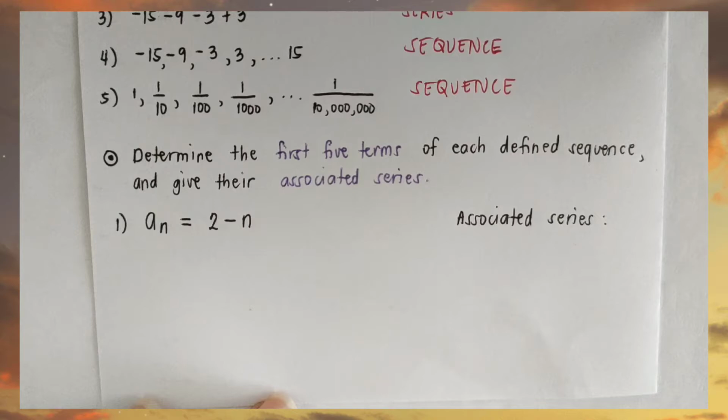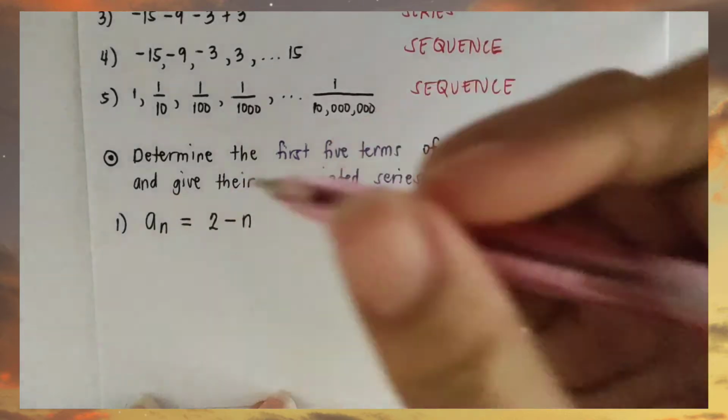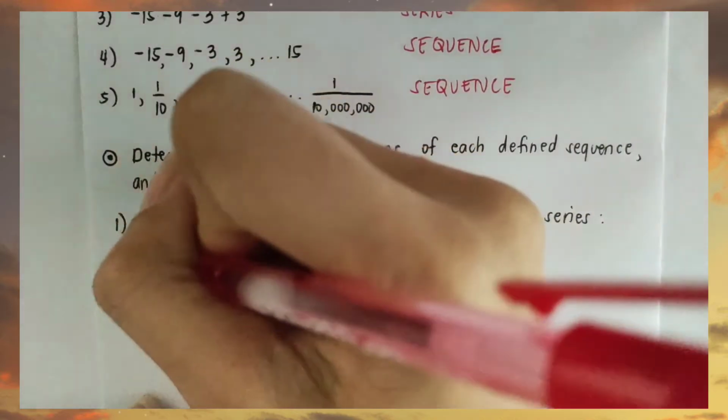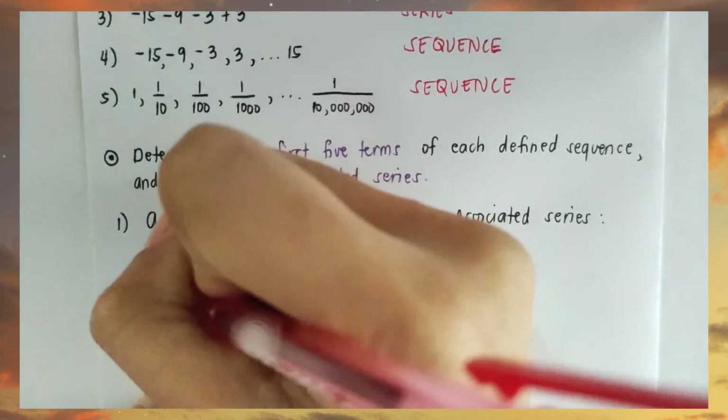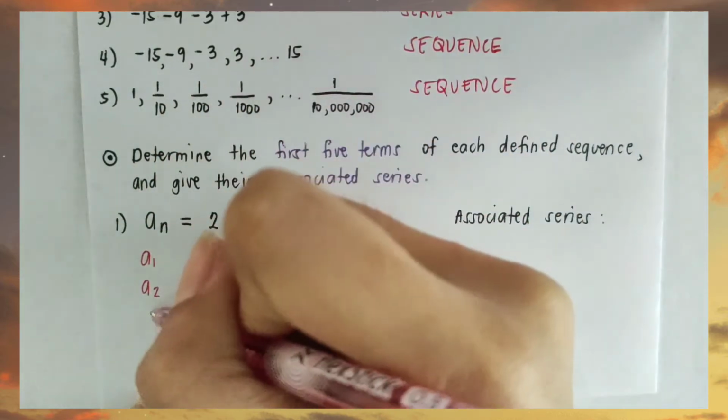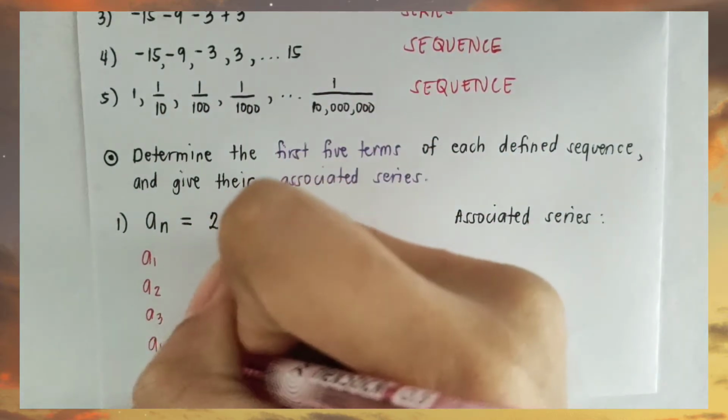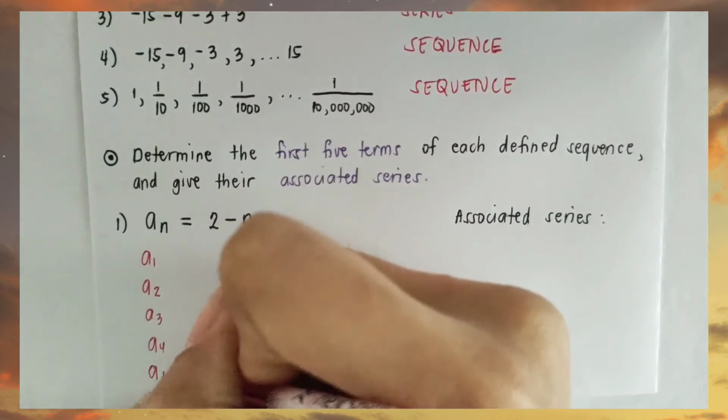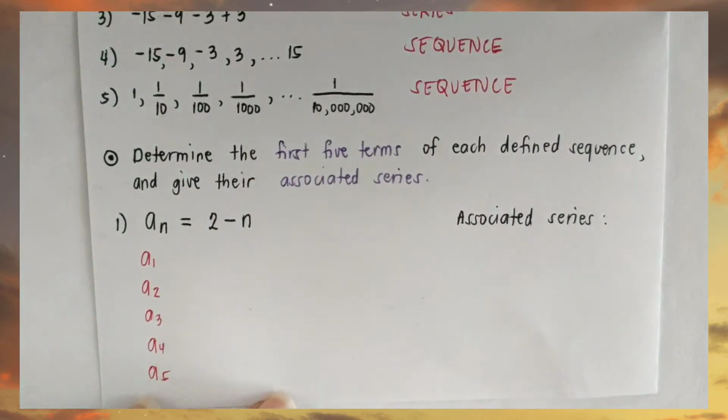So first, let us write all those terms. We have a sub 1, a sub 2, a sub 3, a sub 4, and a sub 5, because it is our task to determine the first 5 terms.